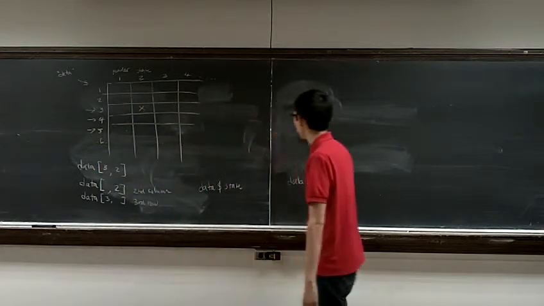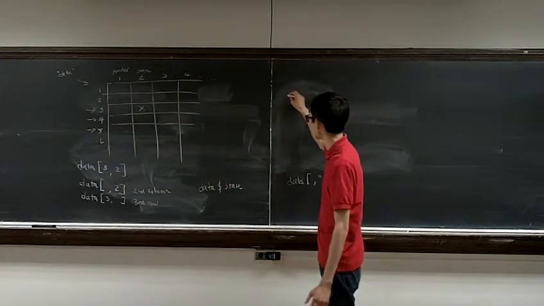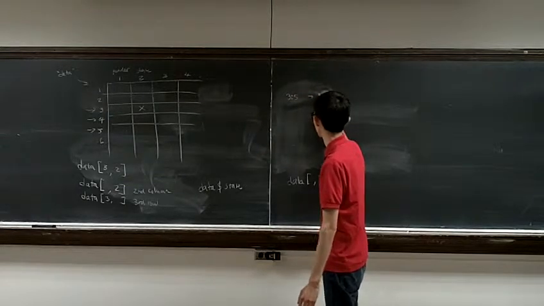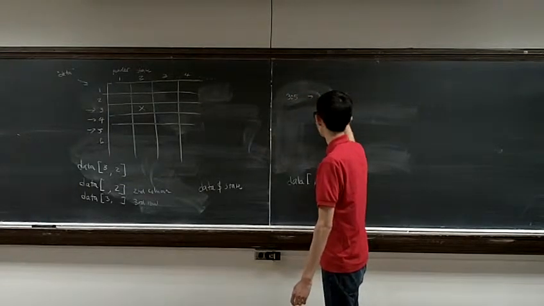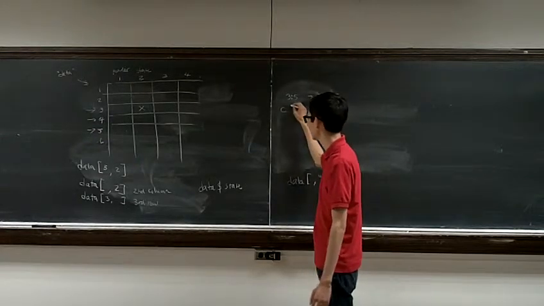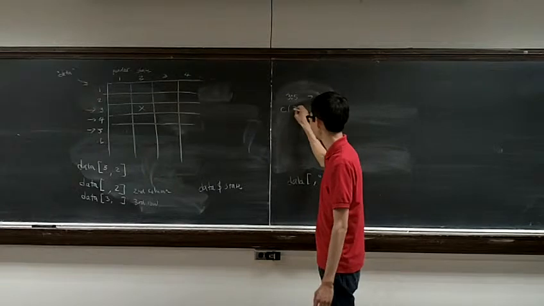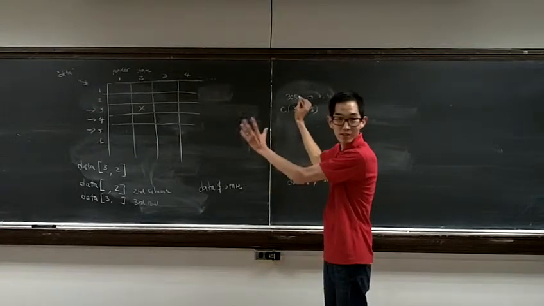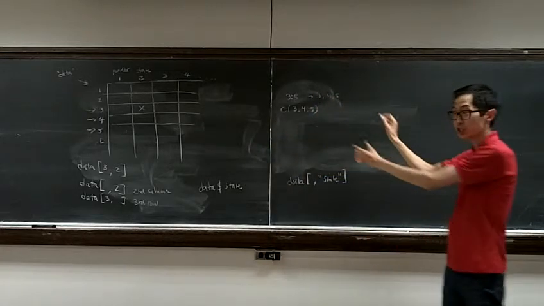So one shortcut was I could do 3 through 5, and that represents the numbers 3, 4, and 5. I can also create this manually using a command called C, and I just say stick the numbers 3, 4, and 5 together and treat that as an object together.